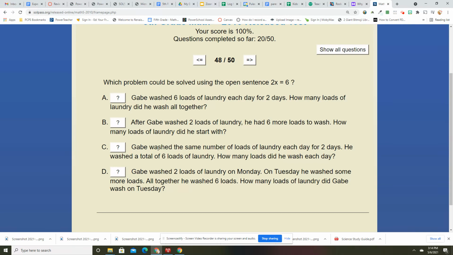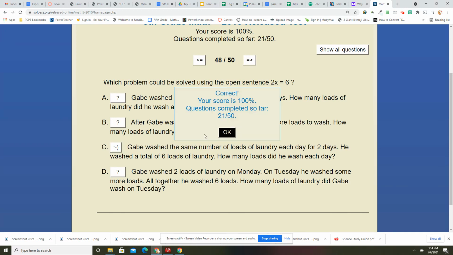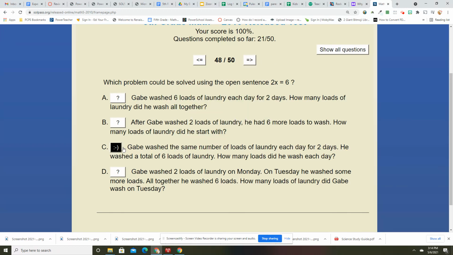He washed a total of 6 loads of laundry. How many loads did he wash each day? And then Gabe washed 2 loads of laundry on Monday. On Tuesday, he washed some more loads. He washed 6 altogether, I think. Yeah, it was C. Okay, so that one was C.